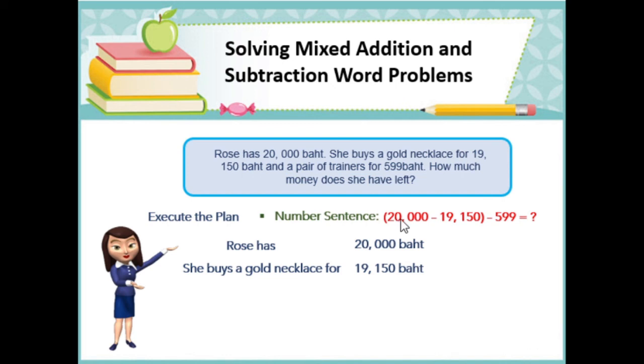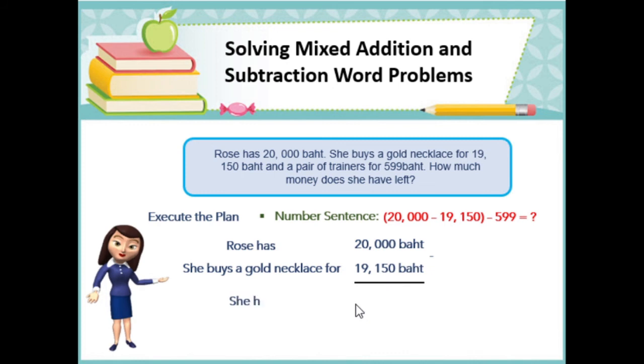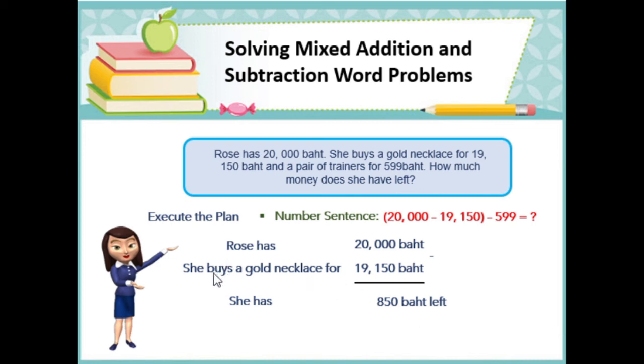Because 20,000 minus 19,150 is inside the bracket, we are going to solve it first. 20,000 baht minus 19,150 baht is 850 baht, which means after buying the necklace, Rose has 850 baht left.